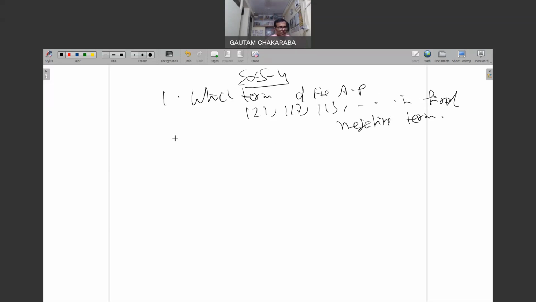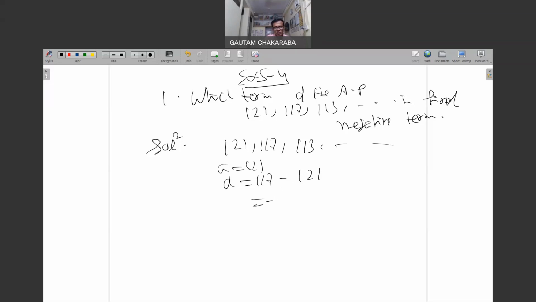The first negative term, right? So here 121, 117, 113. The first term is 121 and the common difference is 117 minus 121, which is minus 4.